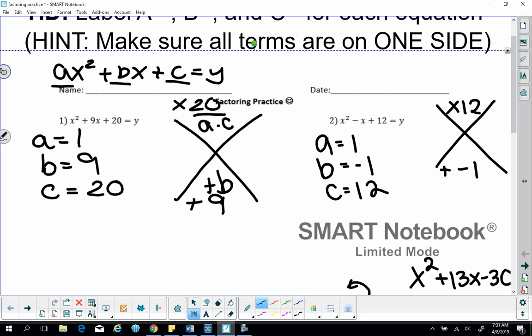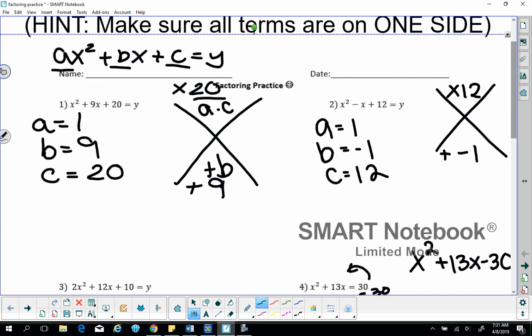I'm going to just cold call again once we're done. So we're kind of breaking it down step by step. First we label our a, b, and c. Then we do our x games. So now you're just doing the x like this. So it's a times c top always and b at the bottom.